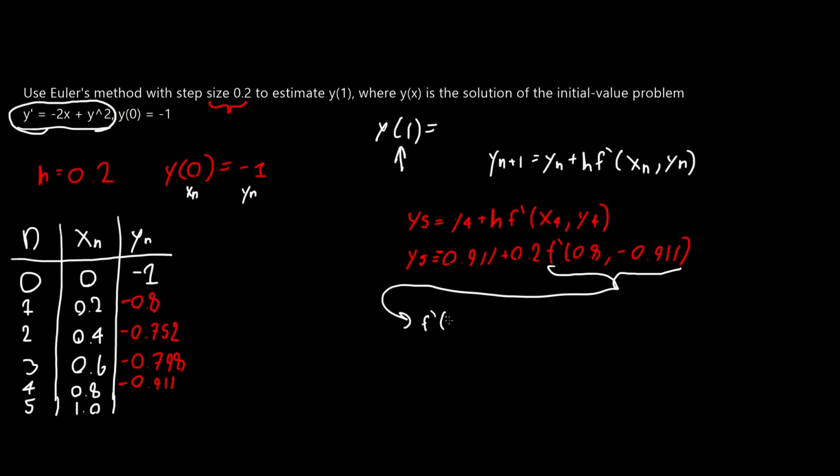So f prime of 0.8, negative 0.911 will equal negative 2 times x, which is 0.8, plus y squared, and y is negative 0.911. And now this will equal negative 0.769.